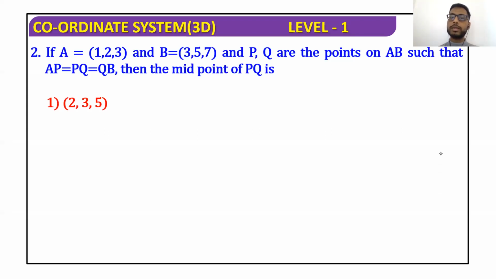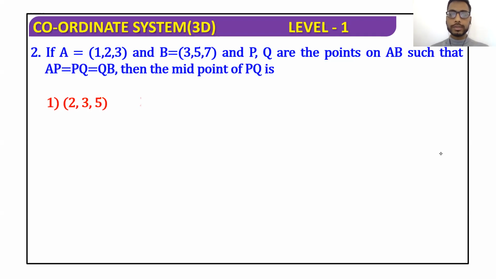If the midpoints of PQ and AB are the same, I can easily find the midpoint of AB because I have the A and B coordinates. Therefore, in this particular question, the method of solving is not difficult, but approaching that method was a bit tricky. You don't have to actually find the coordinates of P and Q. You have to just notice the given condition and say that the midpoint of PQ is also equal to the midpoint of AB.